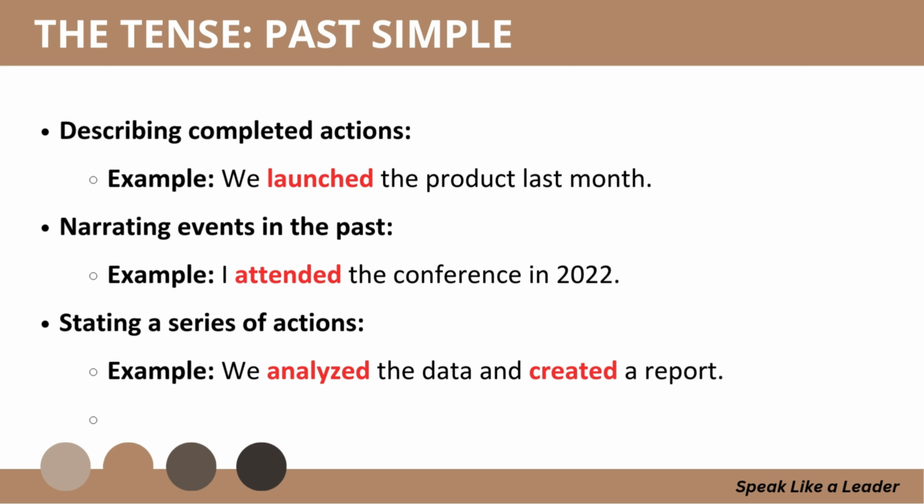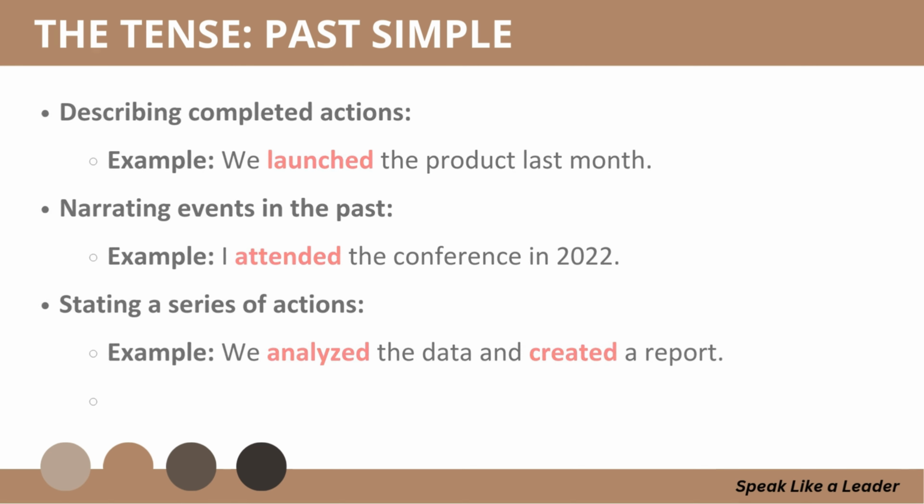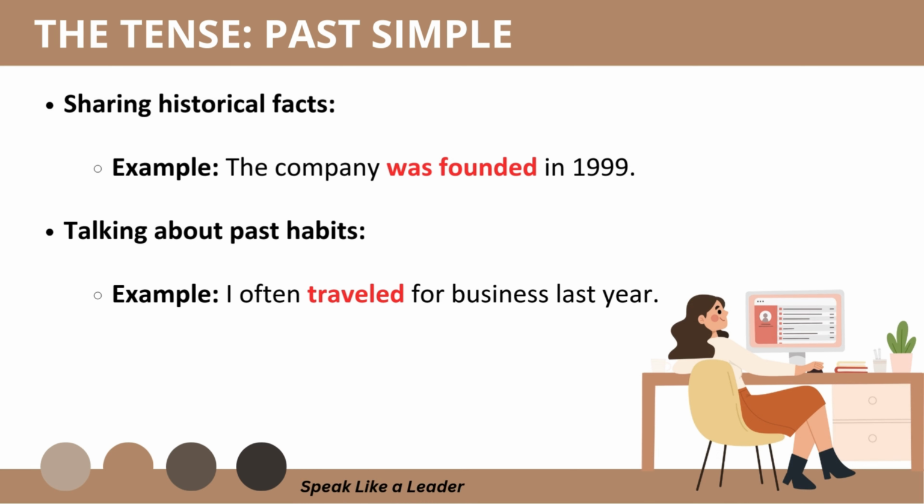Or stating a series of actions, we analyzed the data and created a report. Both verbs are in the past simple. You will also use the past simple when you're sharing historical facts, like the company was founded in 1999, or talk about past habits. I often traveled for business last year.